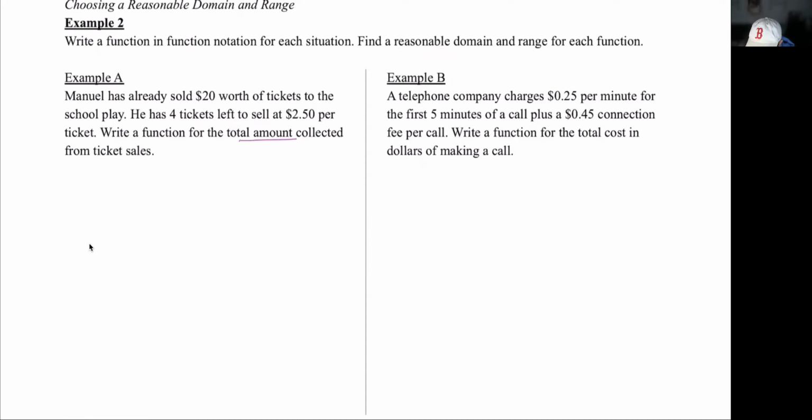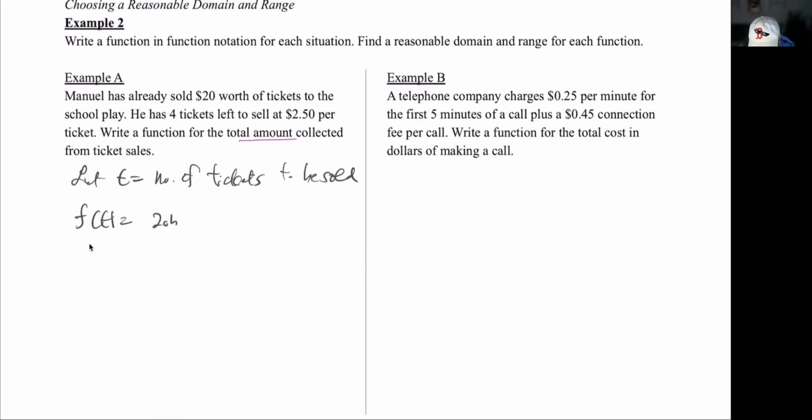So my input value is the number of tickets sold. So let t be the number of tickets to be sold. So the amount of money that you're going to have, f of t, is based on how much you sell and how much you make per ticket.